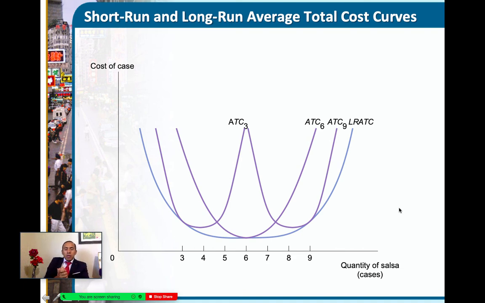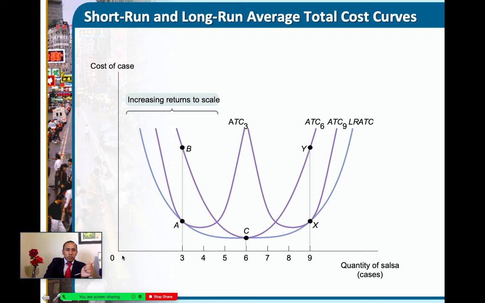Now, the long run has various situations in which you can operate at different rates, which means you can experience increasing returns to scale, which means you increase production and your costs decline. Notice that between point A and C, for the most part, you can increase production from 0 to 3 or 4 or 5 and experience increasing returns to scale, meaning you can increase production at lower costs.